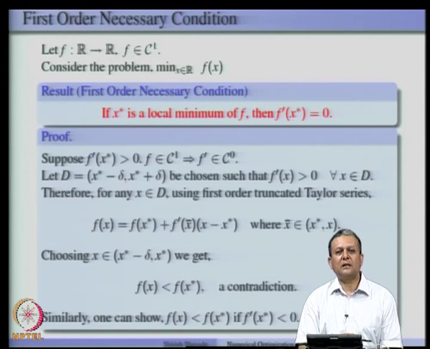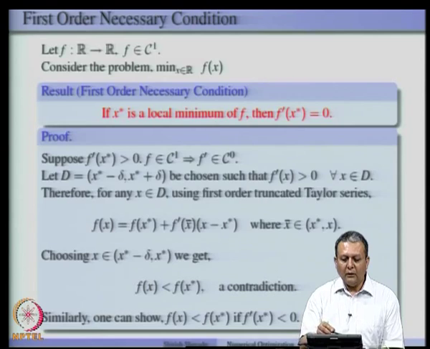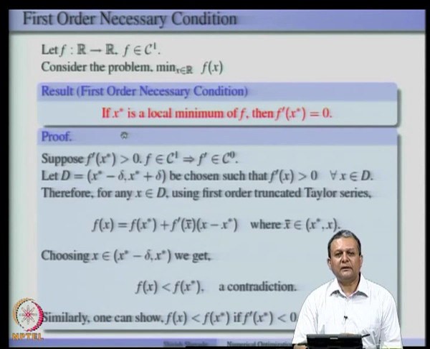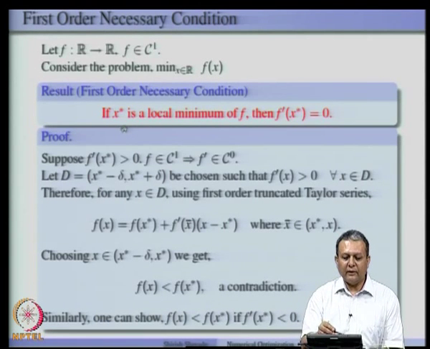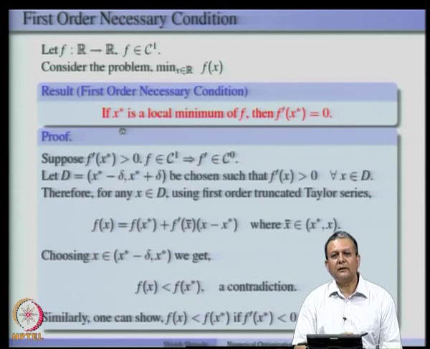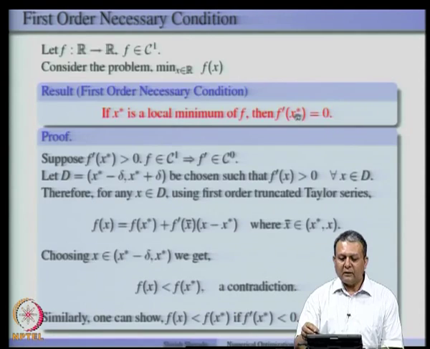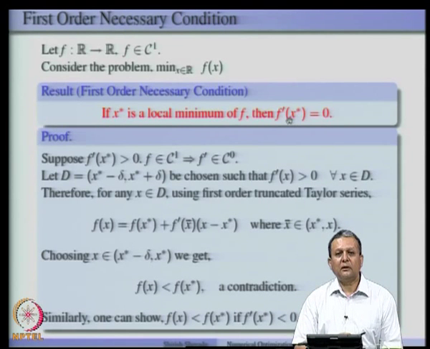Now, here is the first set of conditions, called first order necessary conditions. The result is very simple. It says that if x star is a local minimum, then f dash x star is equal to 0, which means that the derivative of the function vanishes.